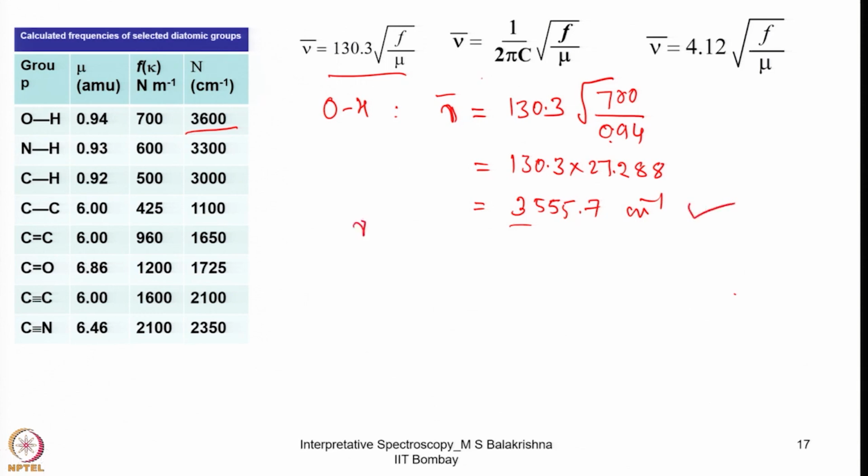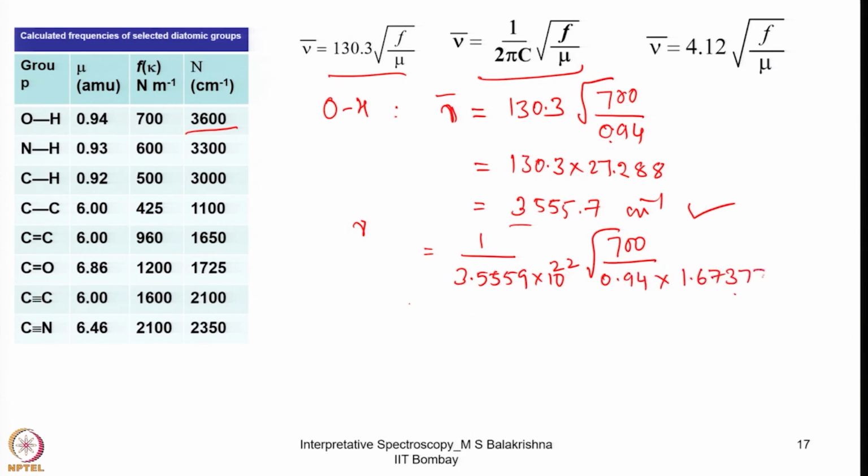If you use this method here, we can simplify this. The simplified value of this one is 3.5559 × 10 raised to 22 after considering the square root, and then square root of 700 over 0.94 into 1.67377 × 10 raised to minus 27.